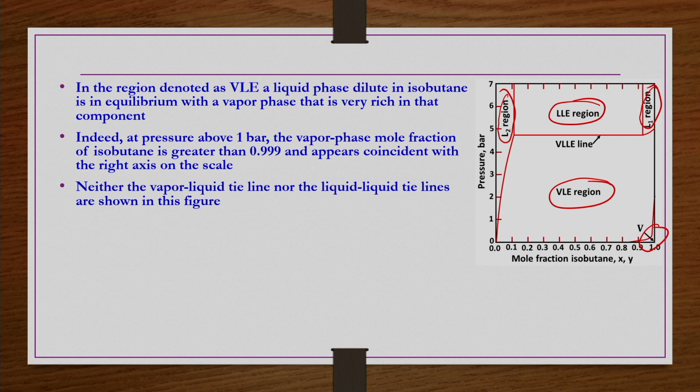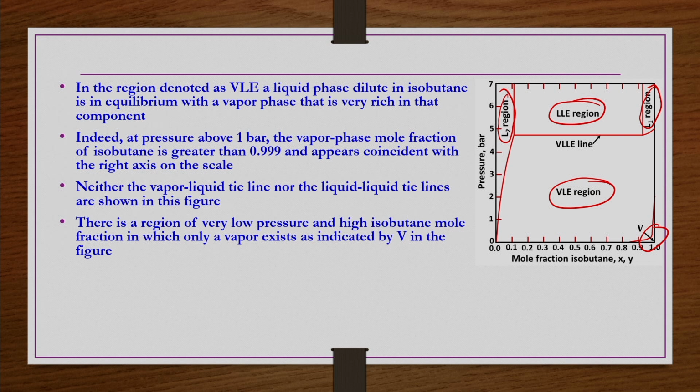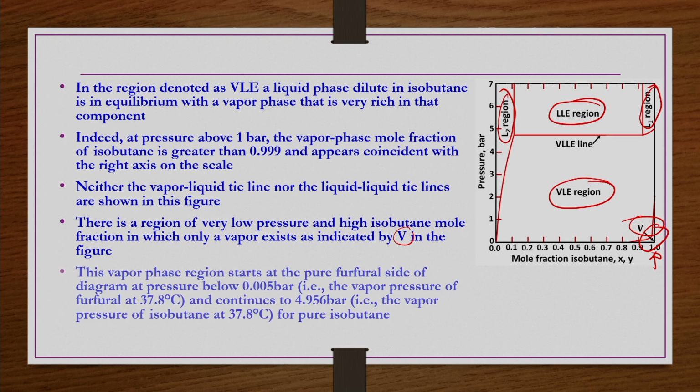So, now here you can compare. There is a region of very low pressure and high isobutane mole fraction in which only vapor exists, as indicated by V here in the corner, because Y1 we know is 0.999. So, that is the reason it is there in this part.